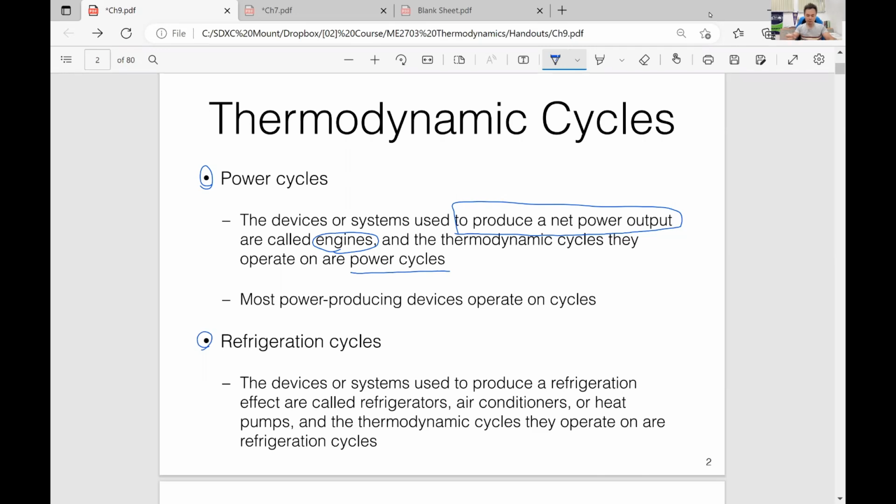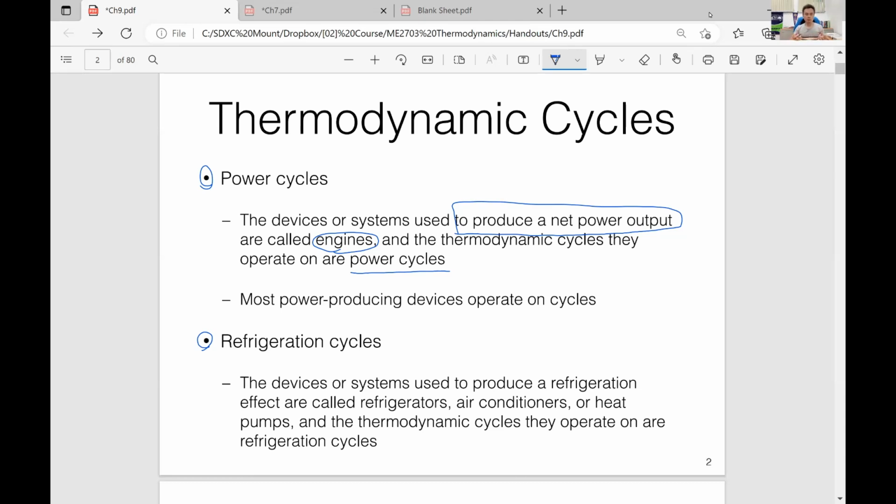On the other hand, although we won't go to refrigeration cycles as well, just like steam power cycles, refrigeration cycles are for the devices or systems used to produce a refrigeration effect. And the refrigeration effect is to transfer heat from a low temperature reservoir to a high temperature reservoir.